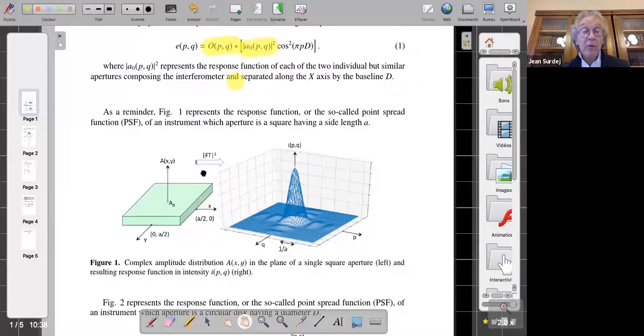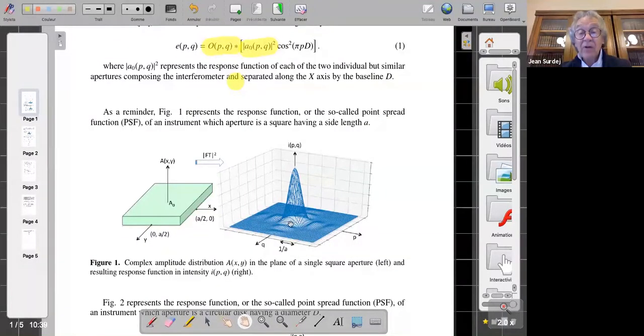When you perform a Fourier transform and take the square of the modulus, you get the response function. It looks a little like the Airy disk, but it's not an Airy disk. There are more square features.